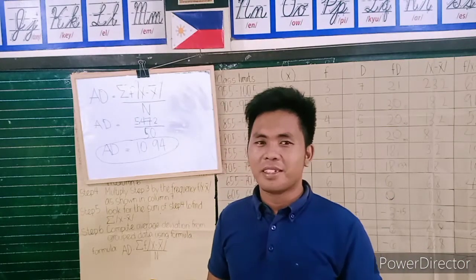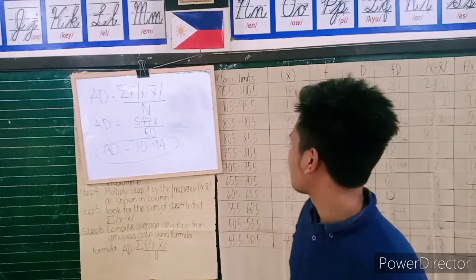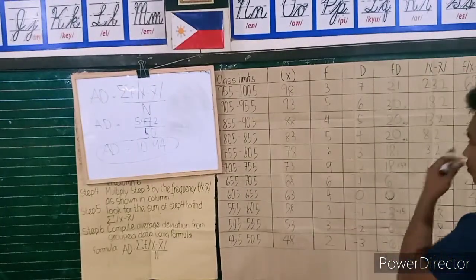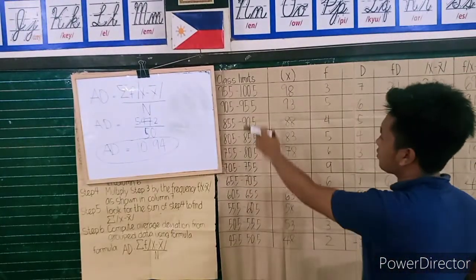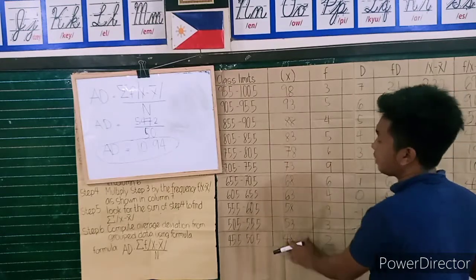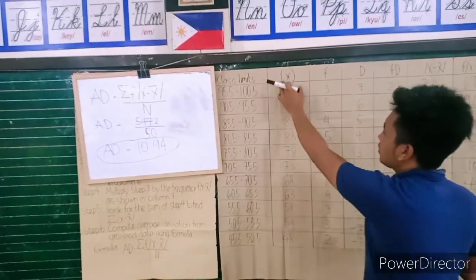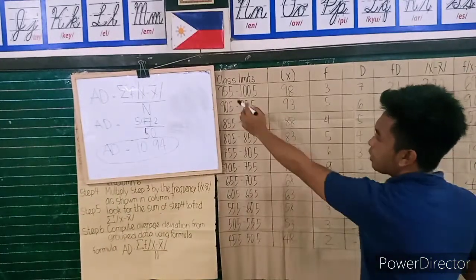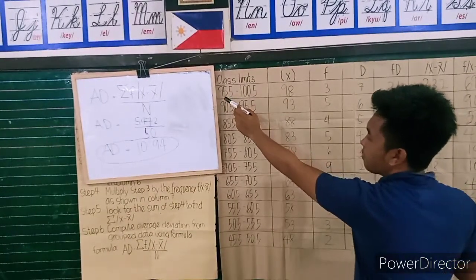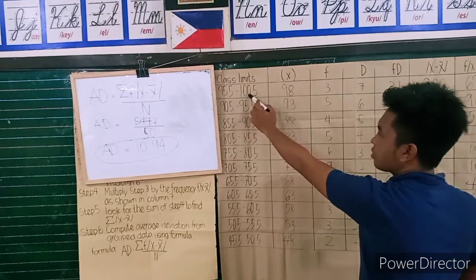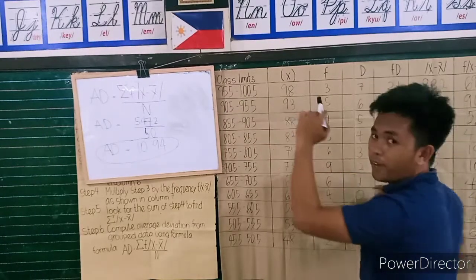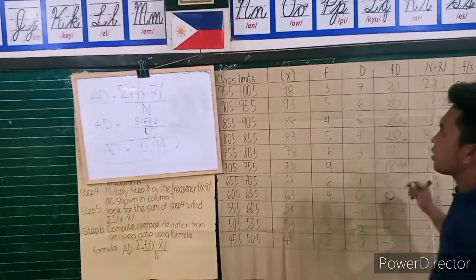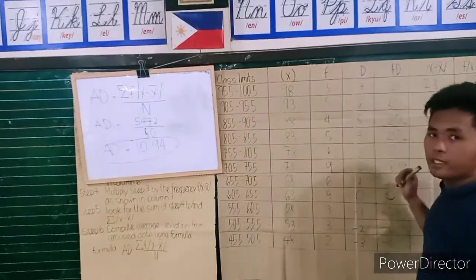Some of this is complex in this situation, so let us review. This is the class limits. Let us review the number of scores or the midpoints. How do we get the midpoints? We add 95.5 and 100.5 in the class limits and divide by 2 to get the number of scores or the midpoint. What is the frequency?